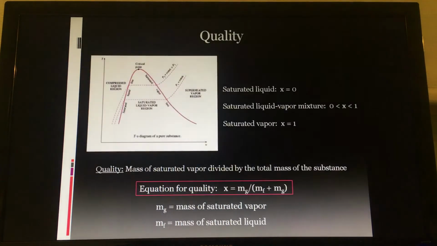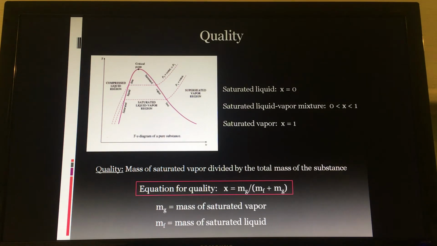So next, I'm going to talk a bit about quality. I'm not going to go into too much detail because I don't really have enough time, but I'll briefly explain how this relates to the different diagrams. The quality of a saturated substance is the mass of saturated vapor divided by the total mass of the substance.